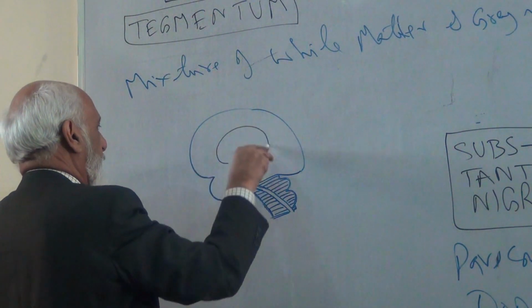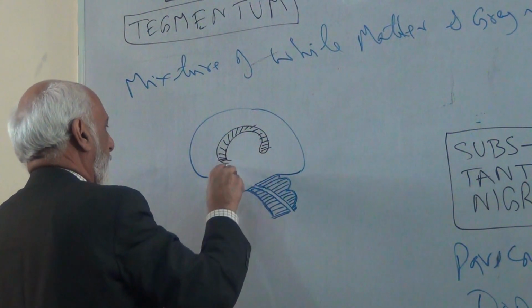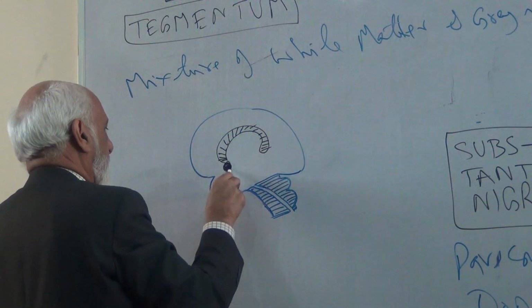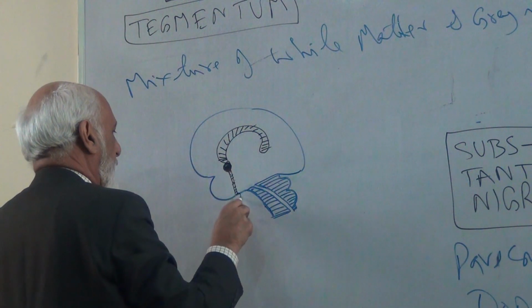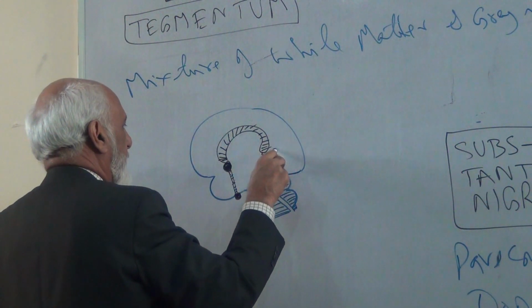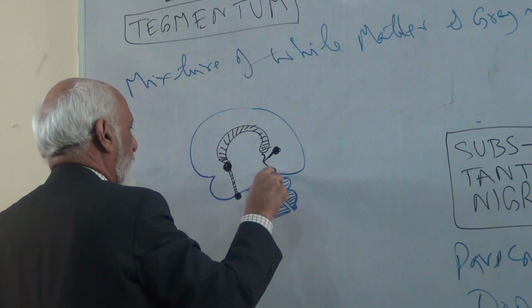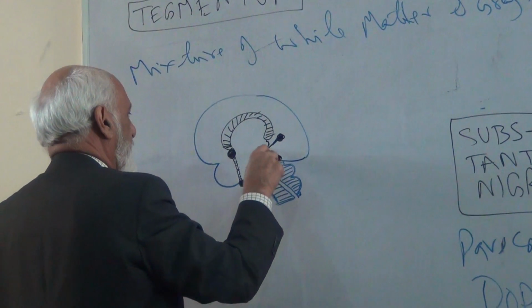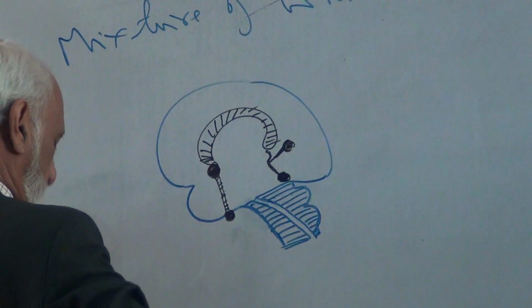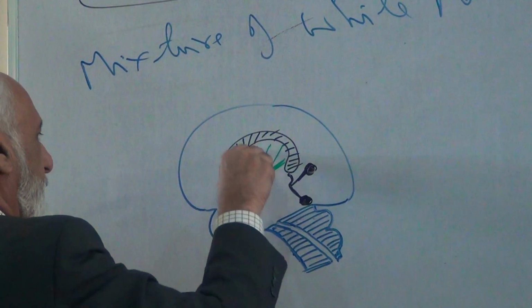Here is the corpus callosum. Then anterior commissure, lamina terminalis, optic chiasma, pineal body connected to the posterior wall of the third ventricle, and this is posterior commissure. Here is the fornix, then septum pellucidum.